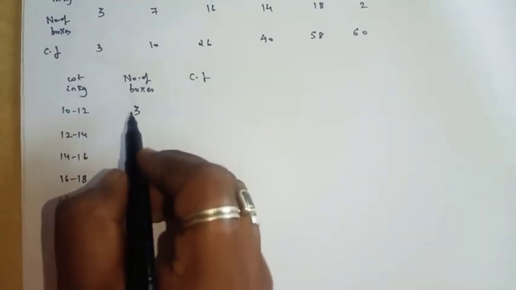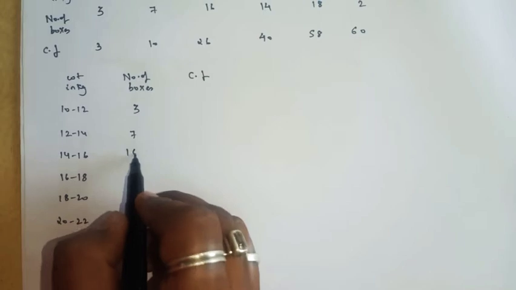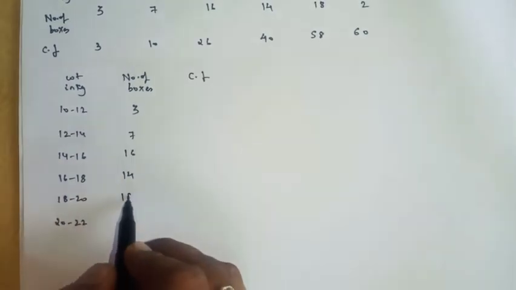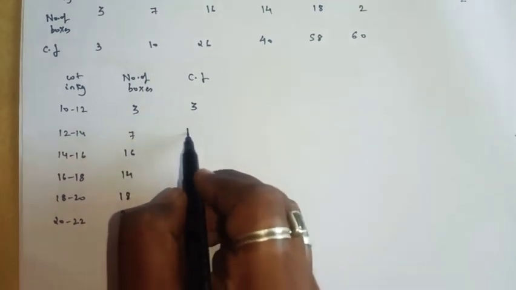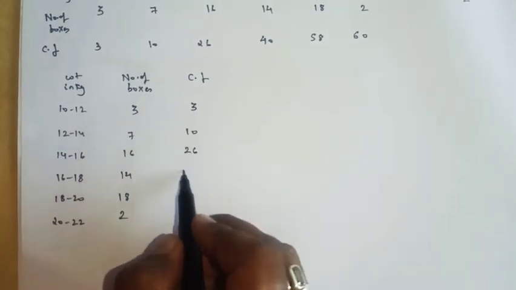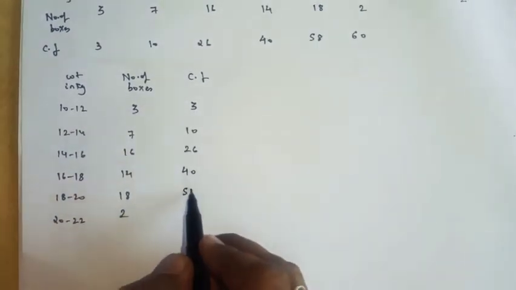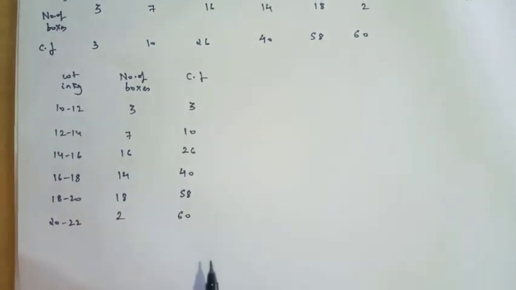Here it will be 3, 7, 16, 14, 18, 2. Here we have 3, 10, 26, 40, 58 and 60.